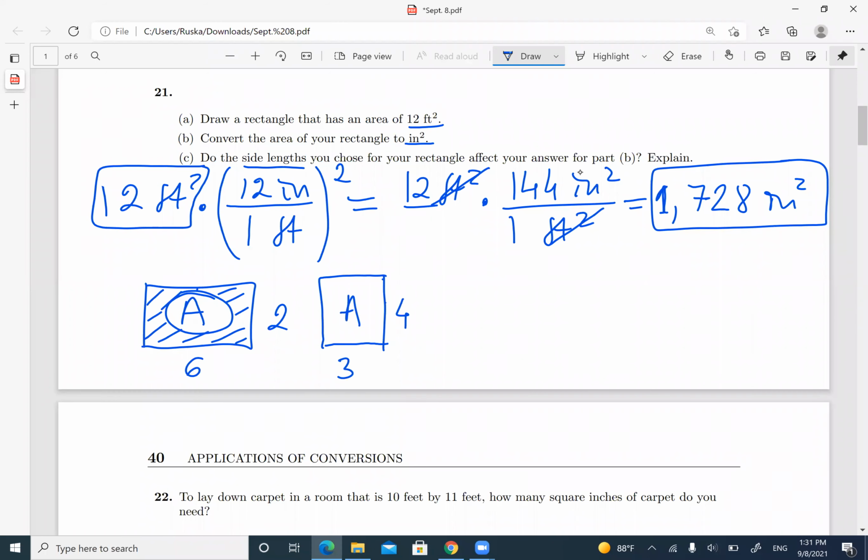Yes, the area is going to be the same because that's what is given in A. In A the area is given, which is 12. And if you have the area 12, then you're just changing the area from feet to inches. So the side of the rectangle is not affecting your answer. Make sense? Yes, ma'am.